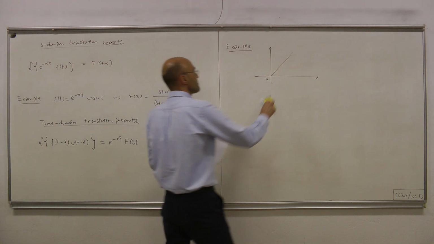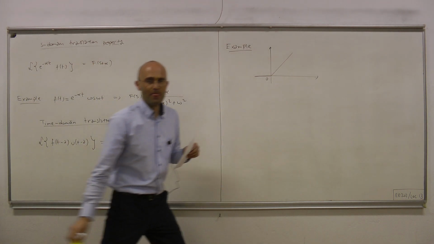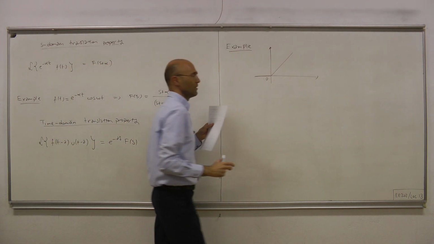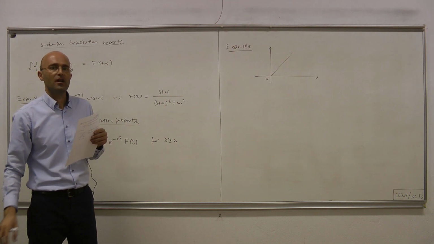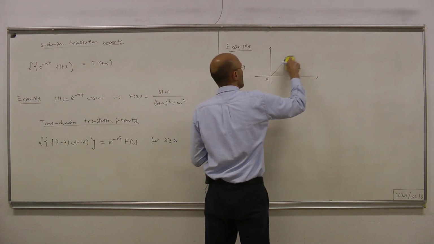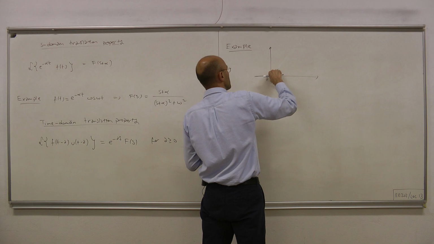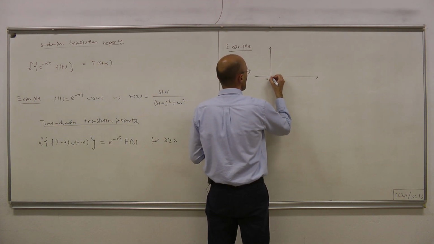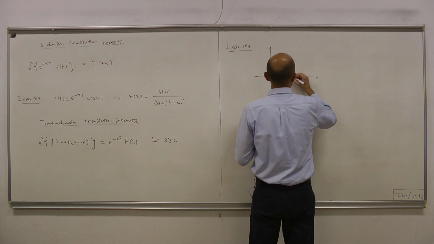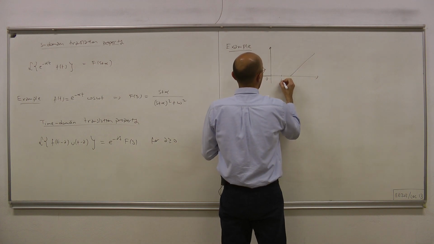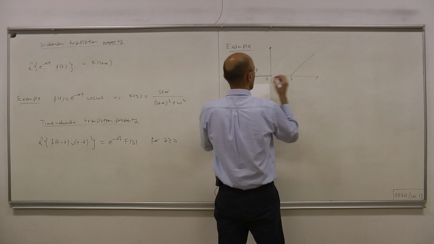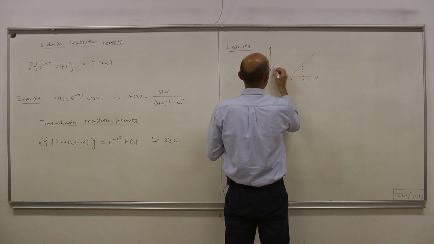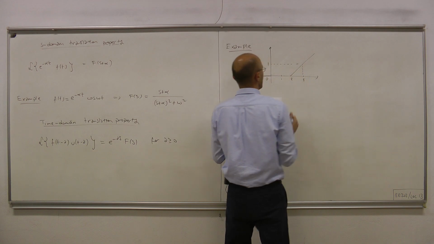Now what we do is we take this function and translate it, let's say, 2 units to the right, and then we're talking about such a signal. 1, 2, 3, and the slope is 1.